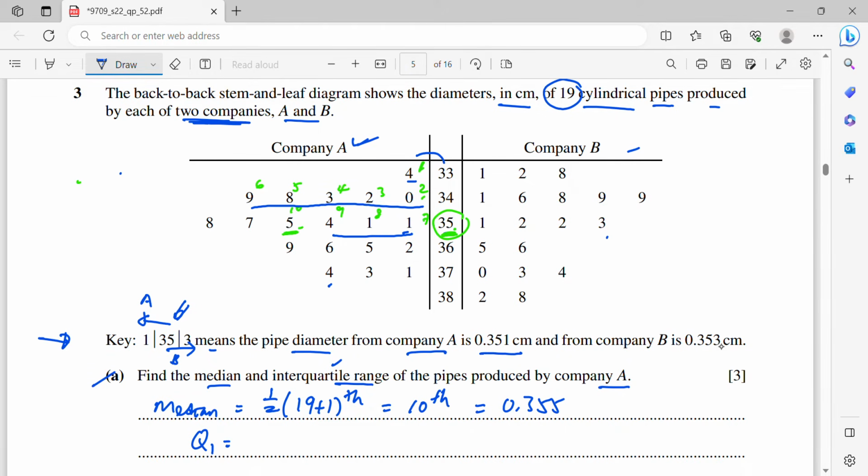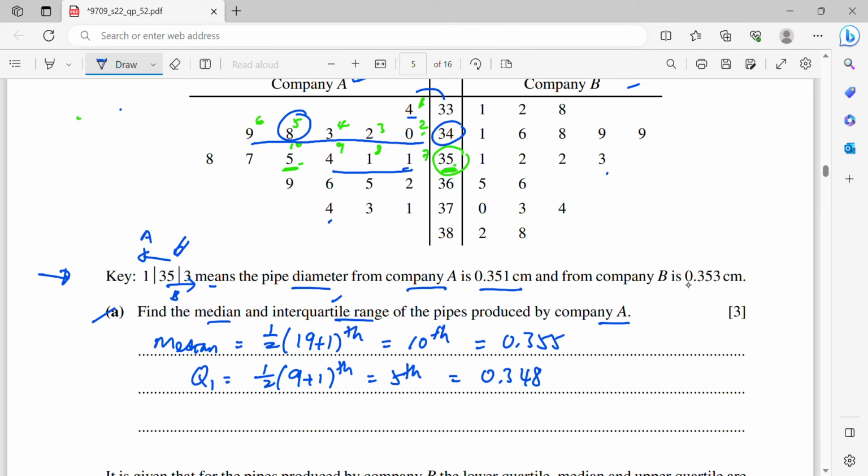Dividing these 9 readings into 2 parts, we write (9 plus 1) over 2. 9 plus 1 is 10, 10 divided by 2 is the fifth reading. The fifth reading is 348, so this is 0.348. This is how we get Q1.